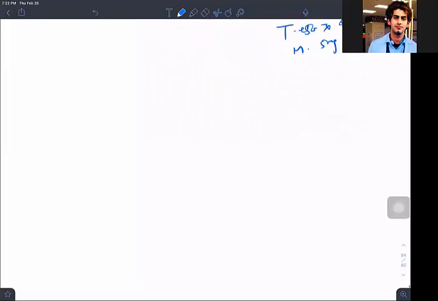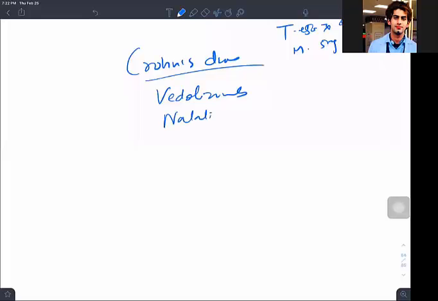Some monoclonal antibodies for Crohn's disease. So for Crohn's disease, the monoclonal antibodies are vedolizumab. Have I taught you that in the previous lecture? I hope so. So vedolizumab and natalizumab and certolizumab. What else?